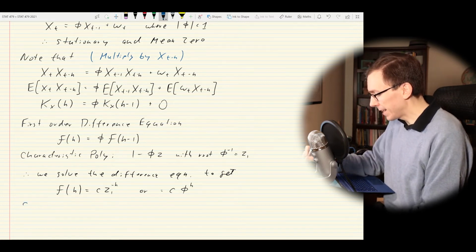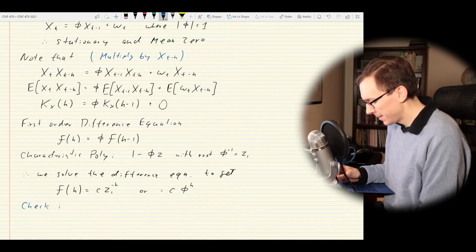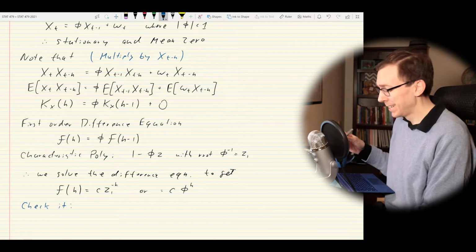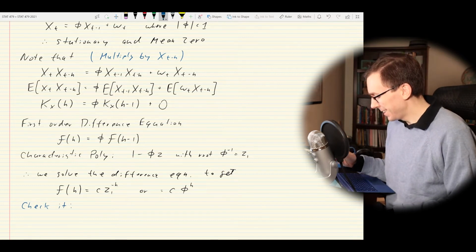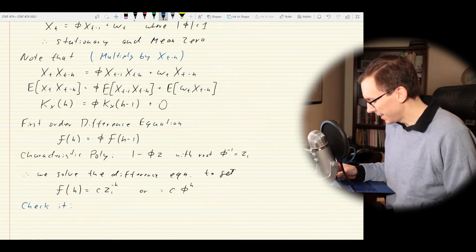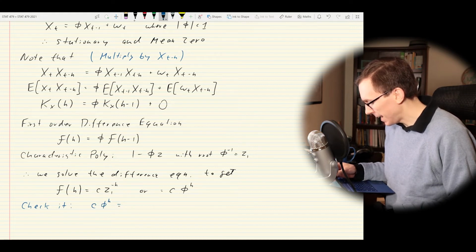We can even check that to make sure I'm not just making this up. On the left-hand side we have c phi to the h. On the right-hand side we have phi times c phi to the h minus 1.